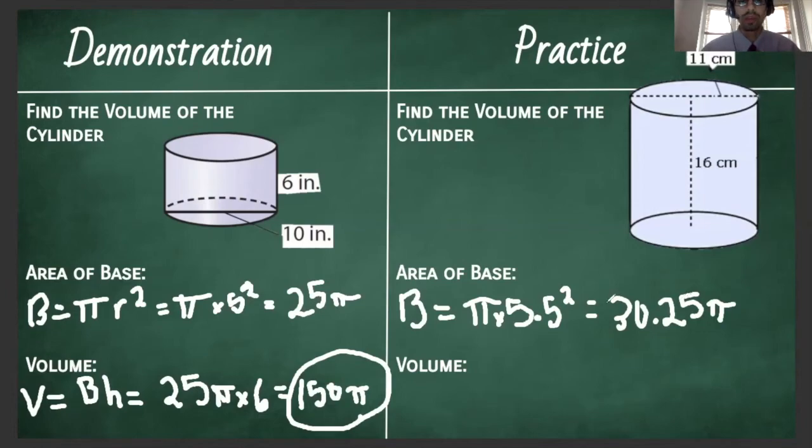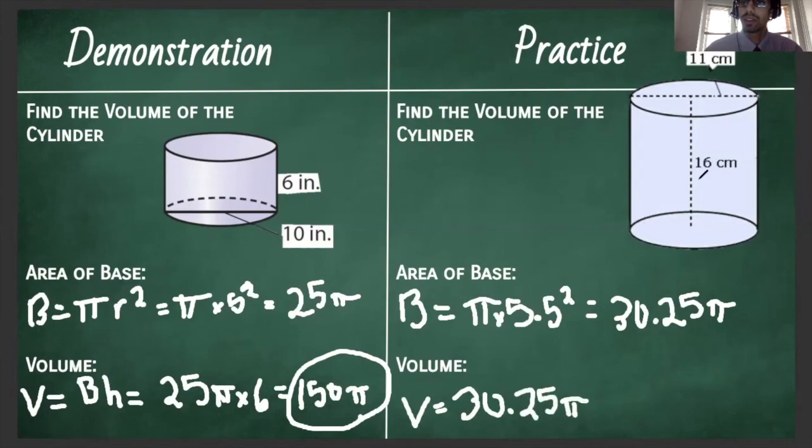For those of you who are a little bit confused as to why I switched the order here, again, the order that you're multiplying these two numbers doesn't matter. It just looks a lot cleaner if I put the number before the pi instead of the other way around, okay? So I have the area of the base, which is perfect. Now I can solve for the volume. So volume is just going to be the area of the base, which is 30.25 pi times the height of the cylinder.